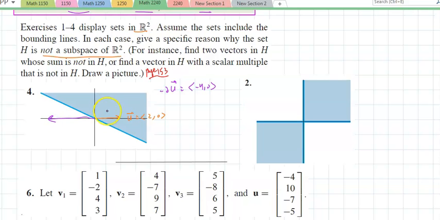So, kind of just mimicking, this is set H. It's all of this shaded part. So this doesn't belong to H. Therefore, not a subspace. You don't have to show all three conditions don't hold. You could just say it doesn't satisfy the scalar multiplication.